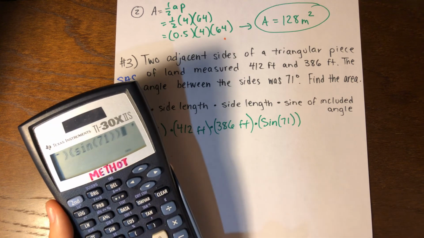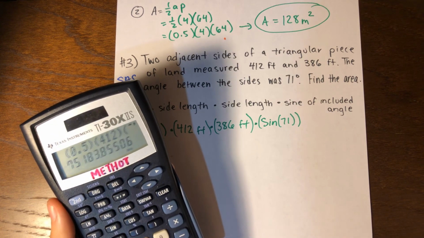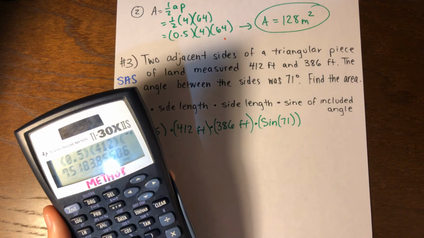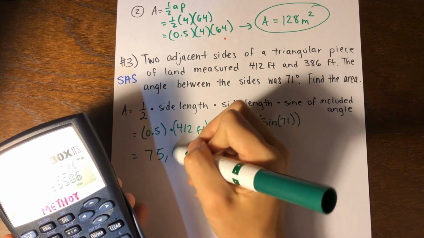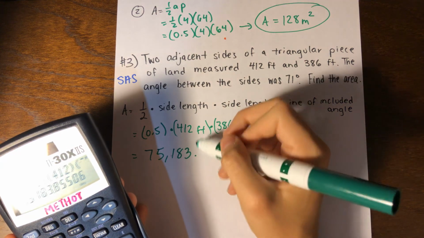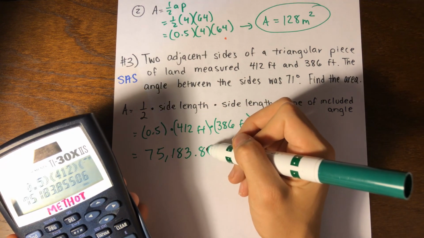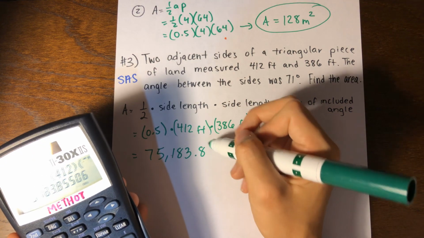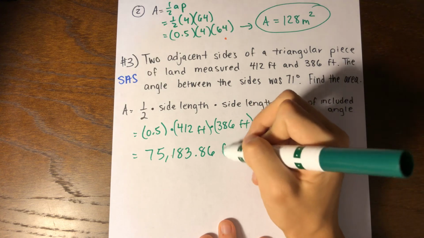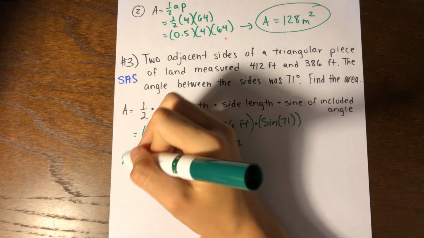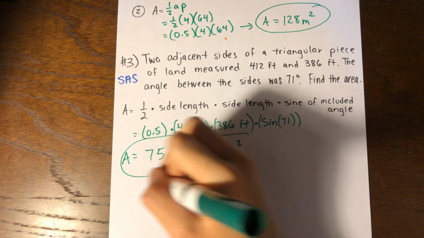Close the parentheses twice on that one. I hit equal sign and I get 75,183.86. We'll round it to that. And this is feet squared. That's the area. Really big one.